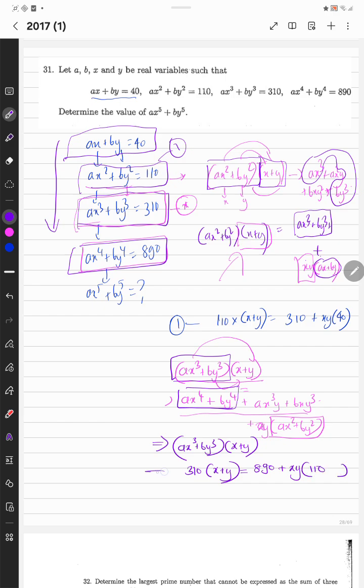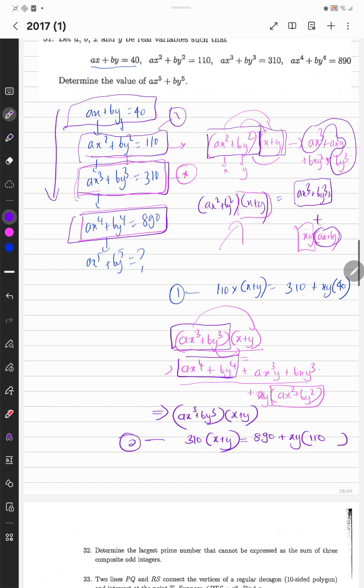So these are the second relationship. We're able to construct two relationships out of the data that we were given.